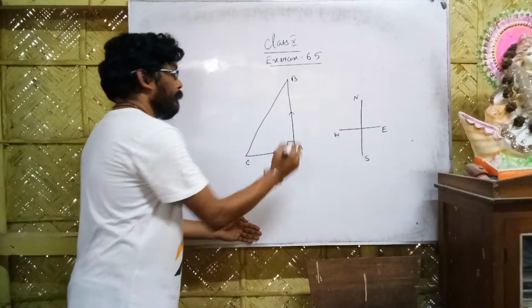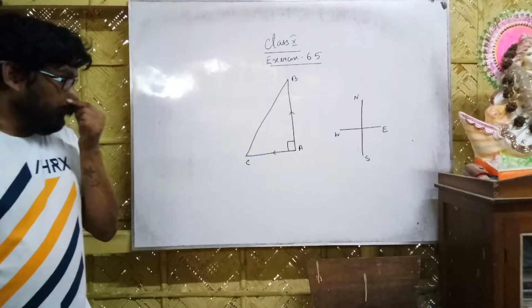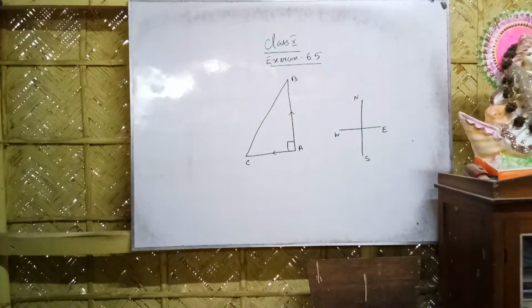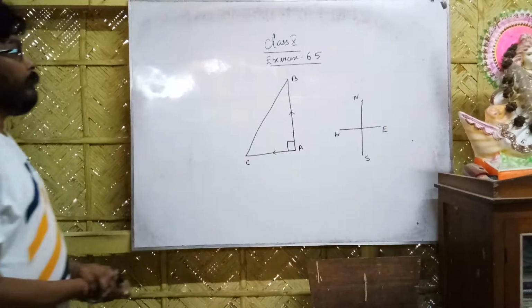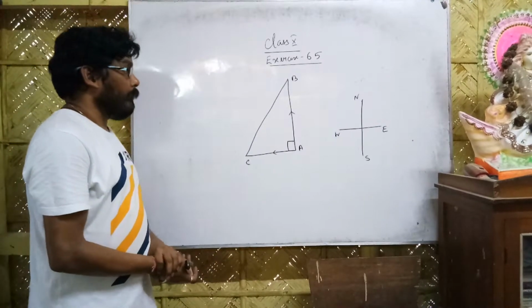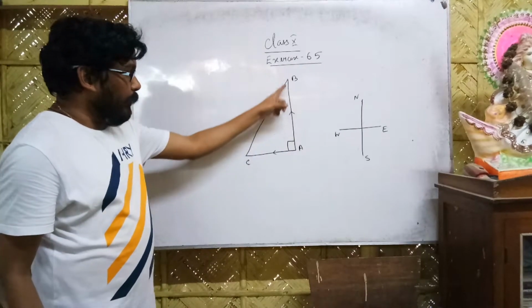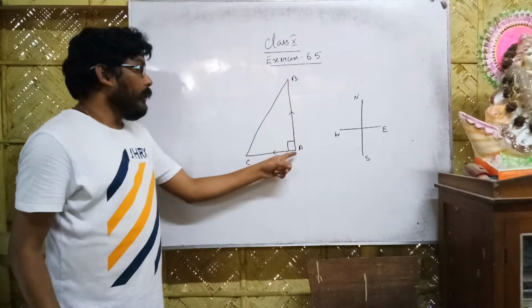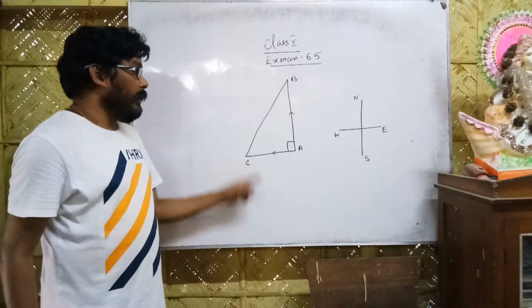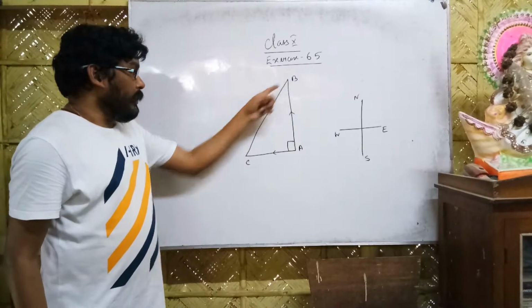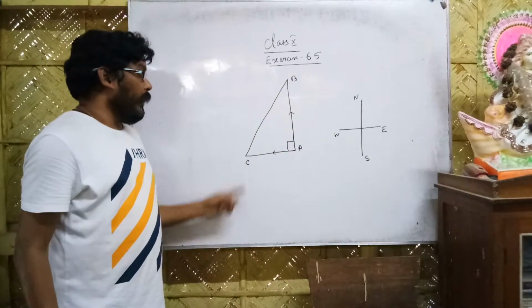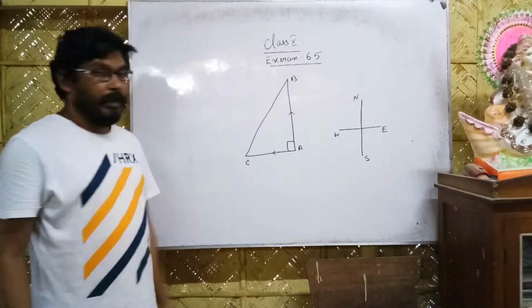Make the diagram. So the first aeroplane went towards north, AB, the second towards west, AC. You have to find out the distance between the two planes after 1.5 hours. So you have to find out BC here.